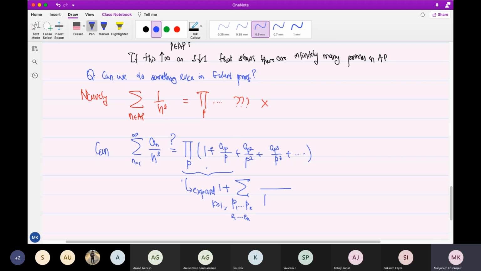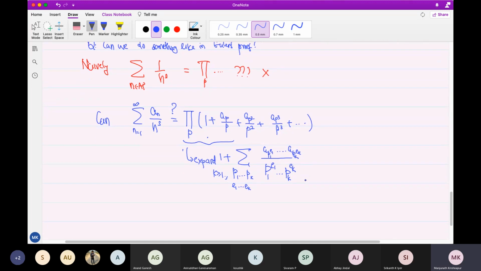We take a certain number of primes, and some powers for them, e1, e2, ..., ek. In the remaining primes, we will take the factor 1. In these primes, we take p1 to the e1, p2 to the e2, pk to the ek. So we'll get something like p1 to the e1 up to pk to the ek in the denominator, but what we'll get in the numerator is a_{p1^e1} times dot dot dot times a_{pk^ek}.